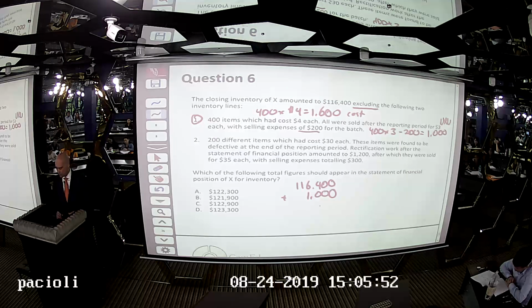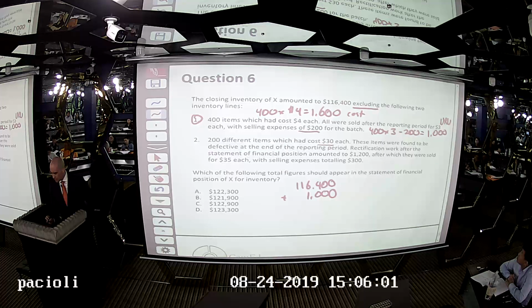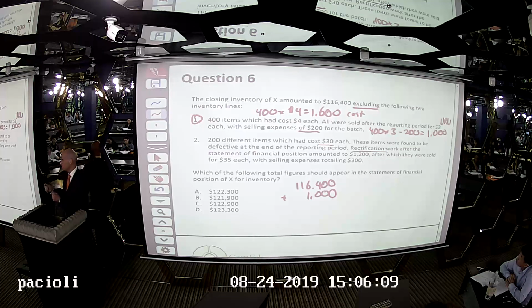For number 2, it says we have 200 items which had cost $30 each. These items were found to be defective at the end of the reporting period. Rectification work means fixing.